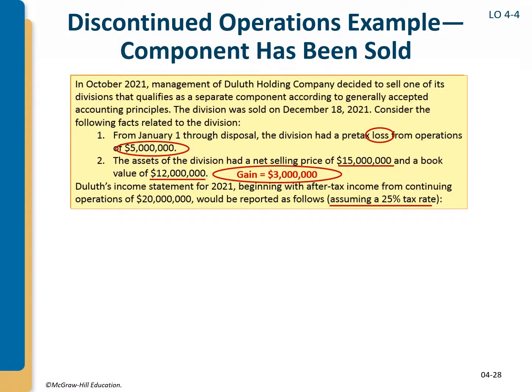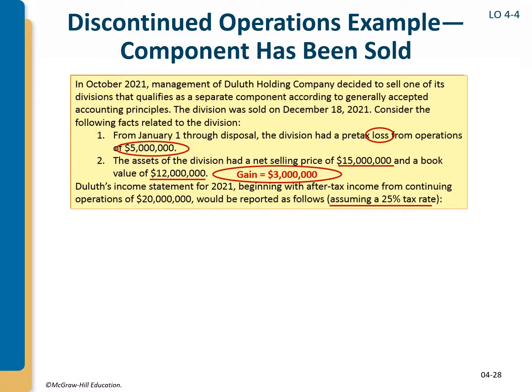Take a look. In October, management of Duluth Holding Company decided to sell one of its divisions. That's a separate component according to GAAP. The division was sold on December 18th. So we don't go, oh, what was the revenues and expenses from October through December? No. You might have decided to sell it in October, but really, it's been making money since January.